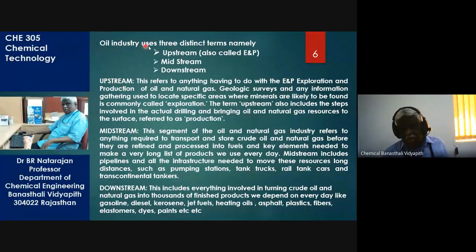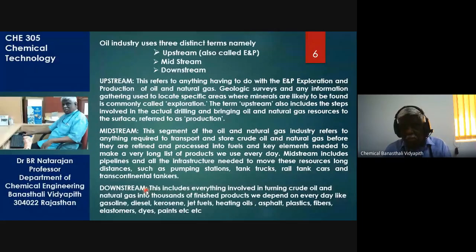So it's clear, you have three things: upstream, midstream, downstream. Upstream is exploration and production. Midstream is transporting from the drilling point to the refining point. It may involve pipelines, trucks, rail wagons, tank cars, super tankers, transcontinental tankers, etc. Downstream is where the crude oil ends up becoming products.